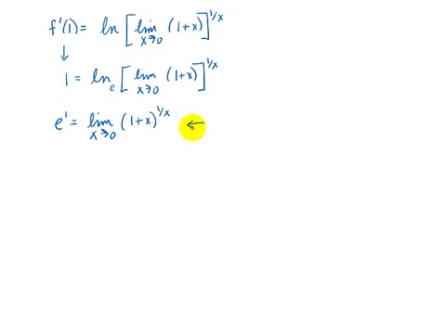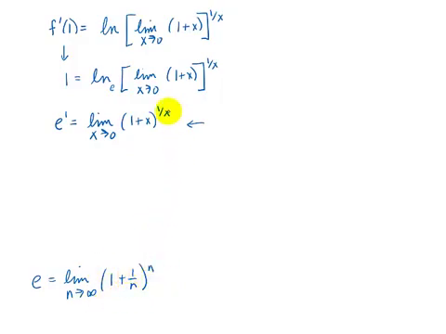Our definition of e has n going to infinity. So we need to somehow change all of these x's into n's. If you look at the original thing that we were trying to prove, I'll write it down here so that we can remember, we've got e equals the limit as n goes to infinity of all of this.